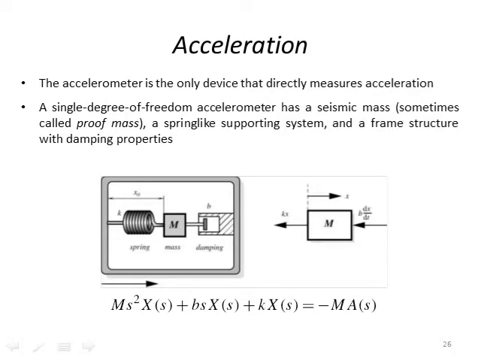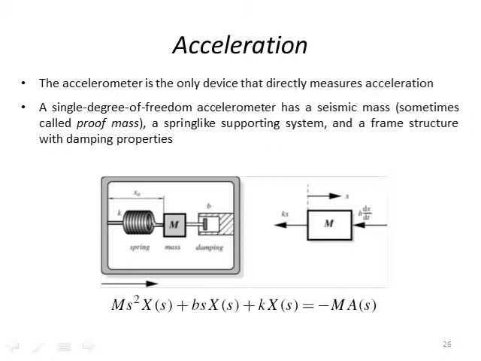Okay, so acceleration. The accelerometer is the only device that directly measures acceleration. This is an example of a single degree of freedom accelerometer. It consists of a mass, sometimes called a proof mass, a spring, and a damper.